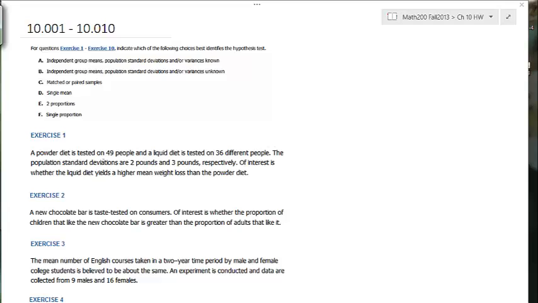Powder diet is tested on 49 people and liquid diet is tested on 36. Population standard deviations, let's underline that, are 2 and 3 pounds respectively. Of interest, whether the diet yields a higher mean weight loss. So it looks like we're comparing two means.